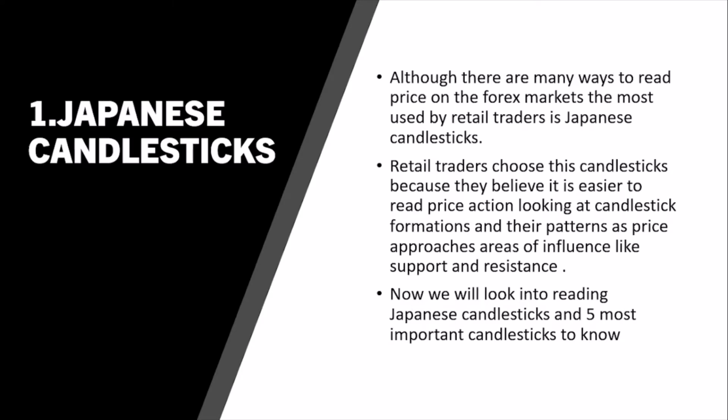Those patterns make it a little bit easier for us to anticipate the potential next move on a forex pair, on an index, or on a synthetic index if you're trading your volatilities and your Boom 500. That is why a lot of retail traders prefer using Japanese candlesticks. This does not mean that you cannot trade forex without Japanese candlesticks. You can, if you're able to read price action using a line chart, a bar graph or a Heikin Ashi candlestick.